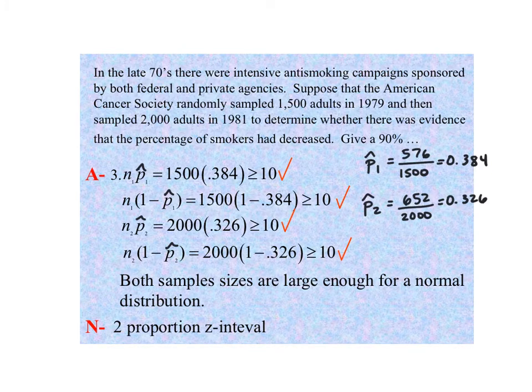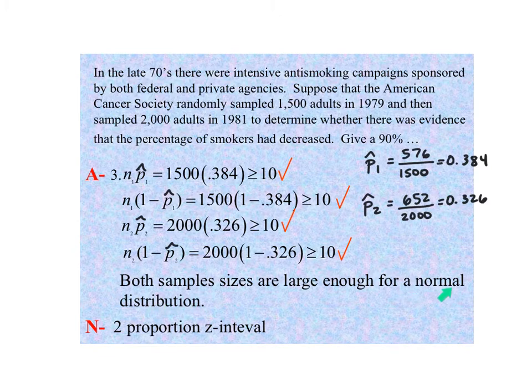Okay, and within these 4 calculations, we want to check, is each calculation greater than or equal to 10? Notice all these check marks that we put, right? So yeah, it ends up that all these values that we calculate are going to be greater than 10. So that gives me the conclusion that both sample sizes are large enough for a what type of distribution?